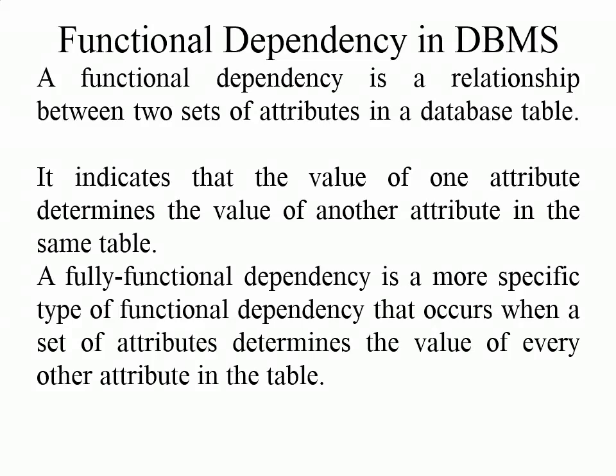In this case, identifying the fully functional dependency allows us to split the table into smaller and more manageable tables for related attributes. Like in the above example of the employee table, we can separately have a table for employee contact, and with the employee ID, we can have a separate table for name, address, phone number, which contains only the employee personal details, and we can have a separate table for employee salary.